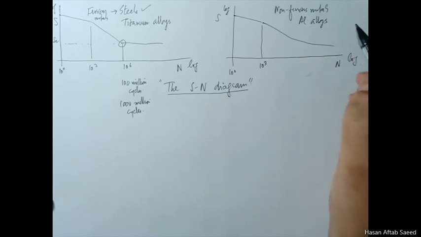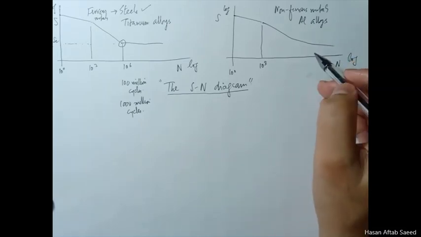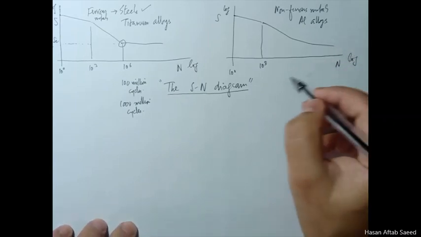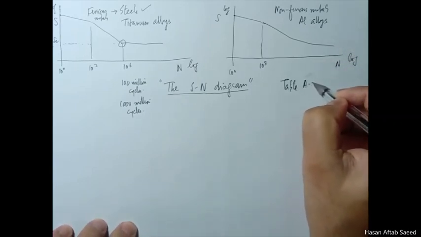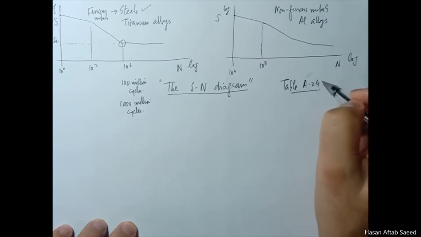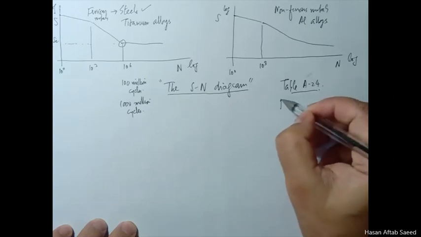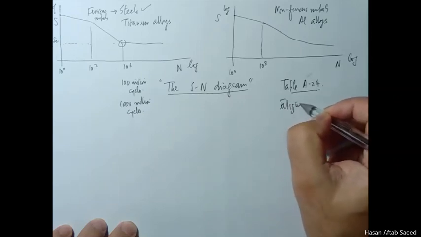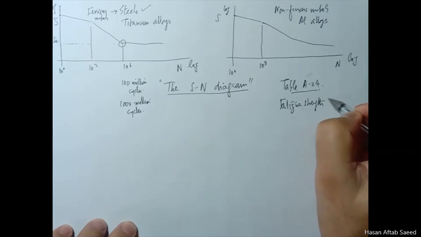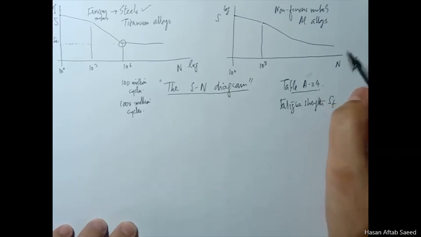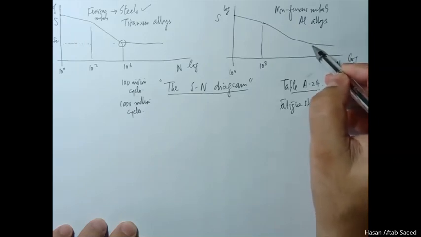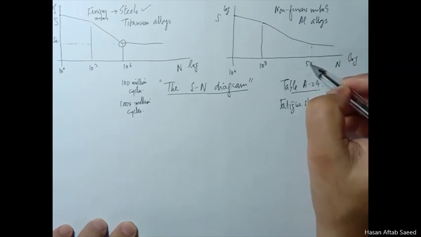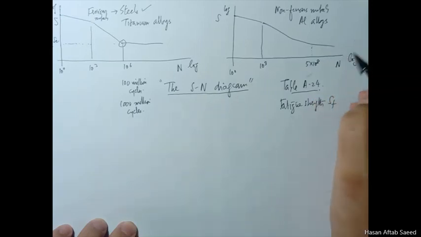So in such cases, if you look up the appendices at the back of your book in table A24, you'll see that the fatigue strengths, also called SF, of such materials is always given at about 5 into 10 raised to the power 8 cycles.